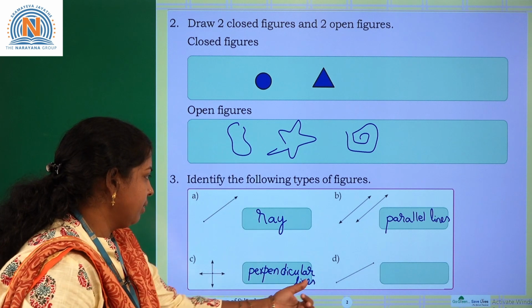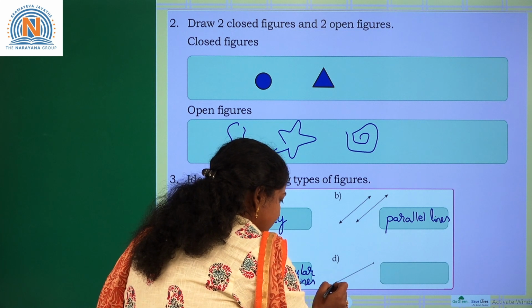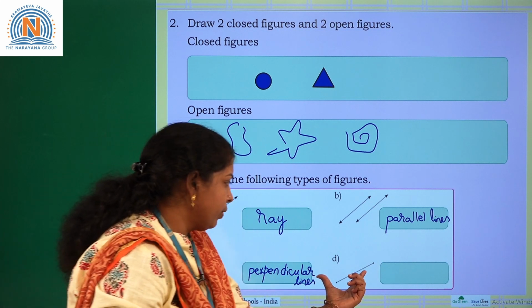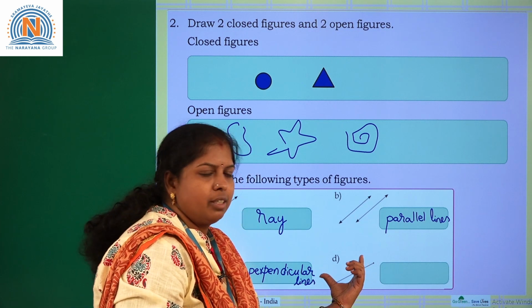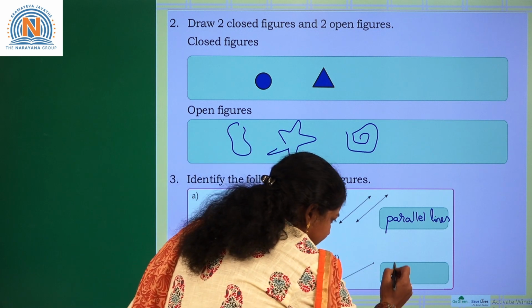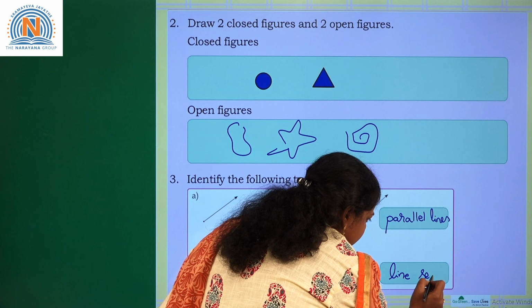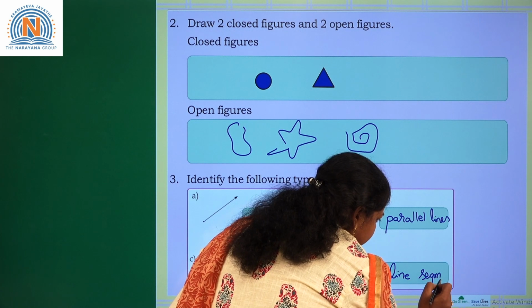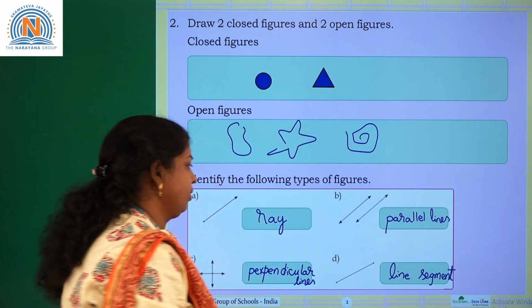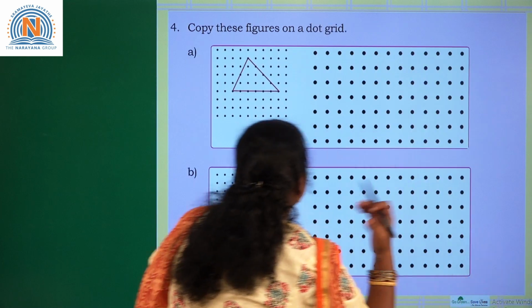And the next one, one starting point is there, initial point is there, one ending point is there. In between them, using those 2 points, there is a line segment, right? So this is known as line segment. It has a fixed length.